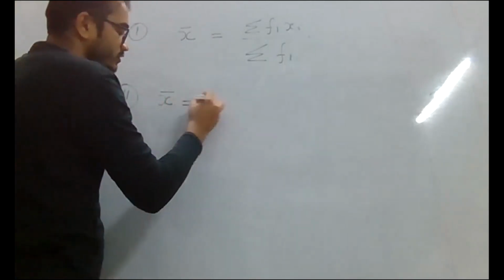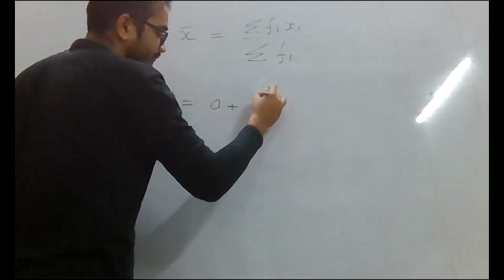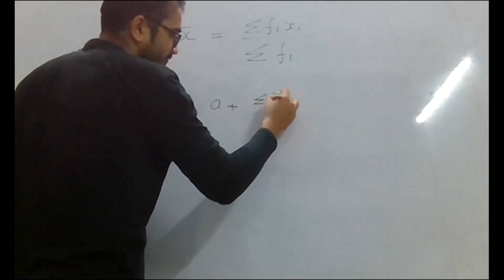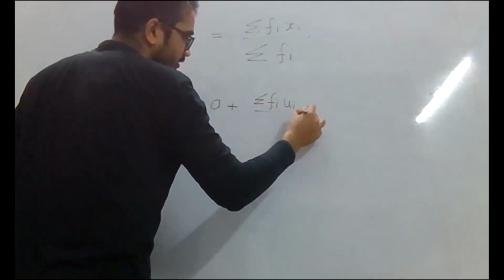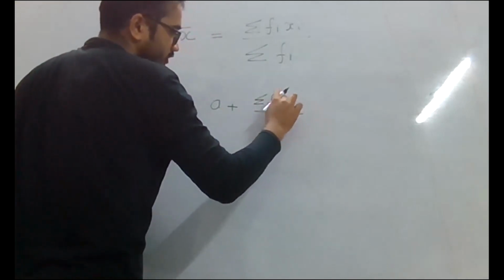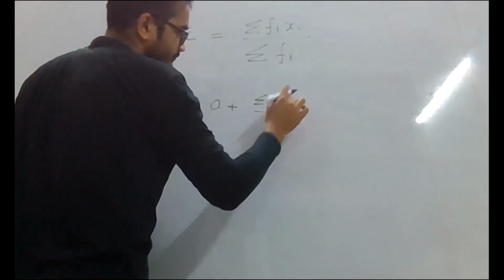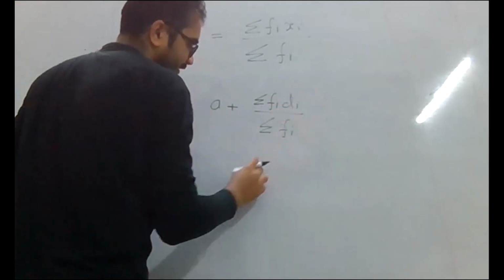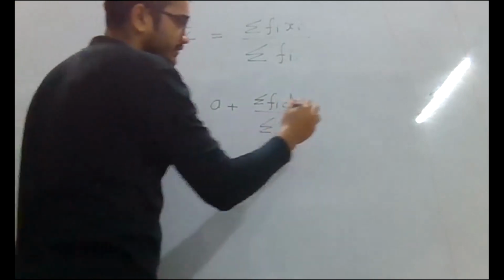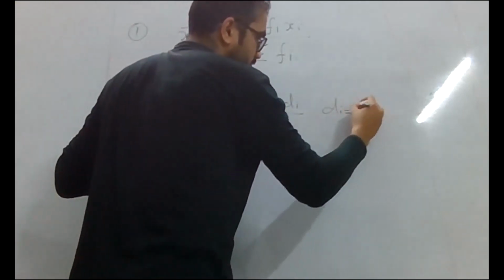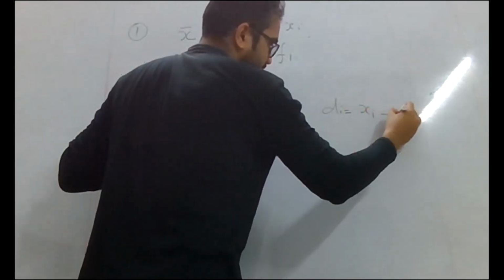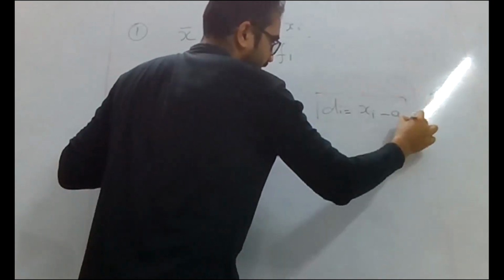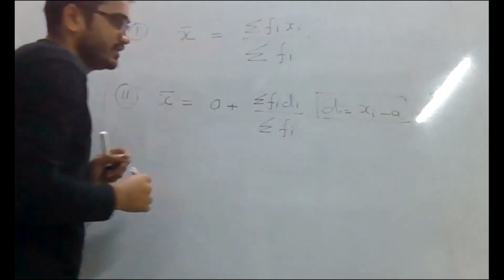So x bar is equal to a plus sigma fi di upon sigma fi, where di is equal to xi minus a.